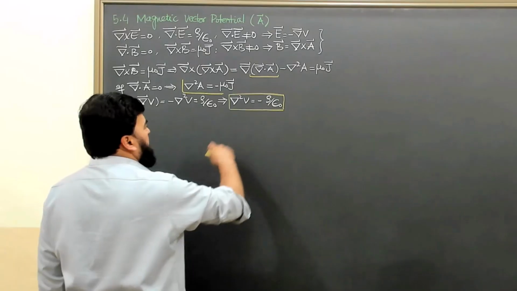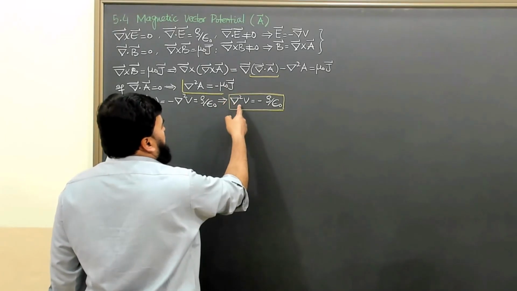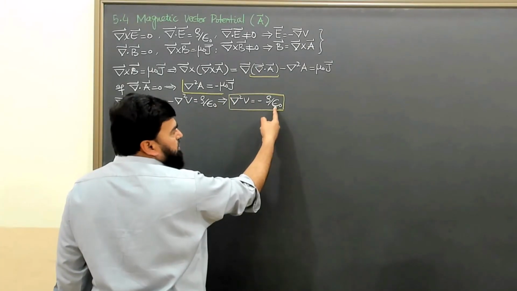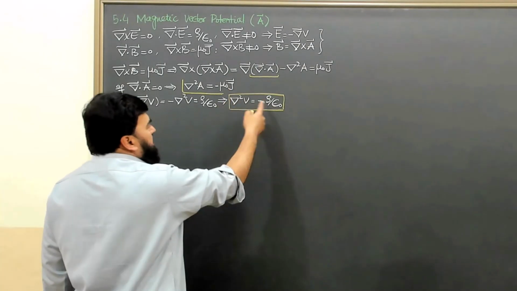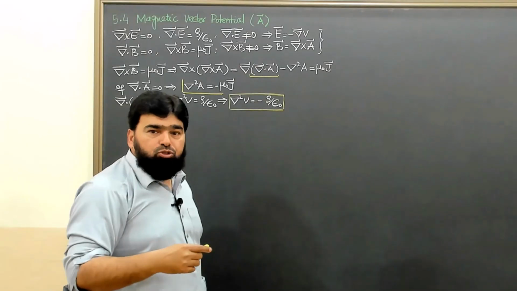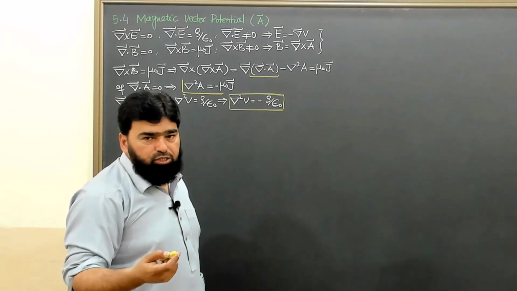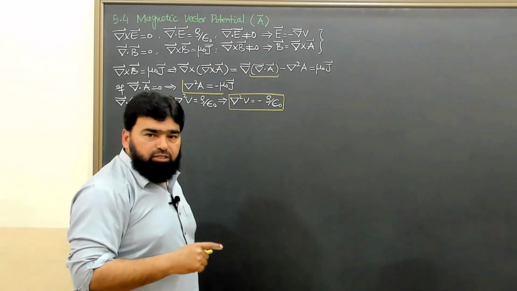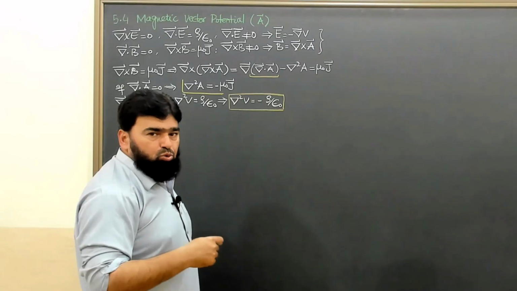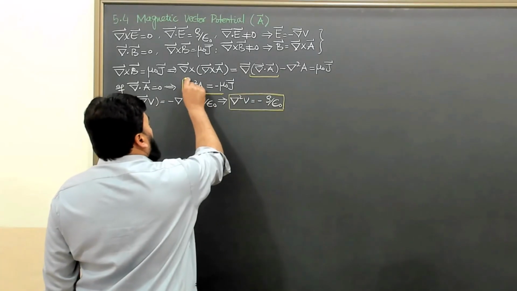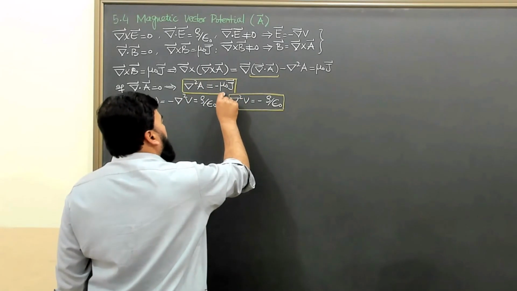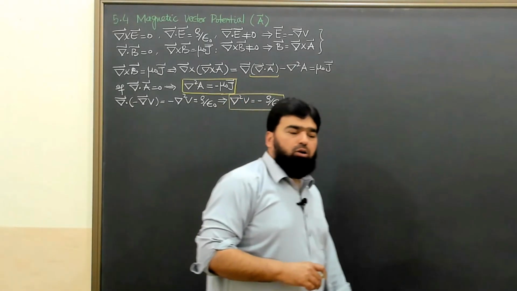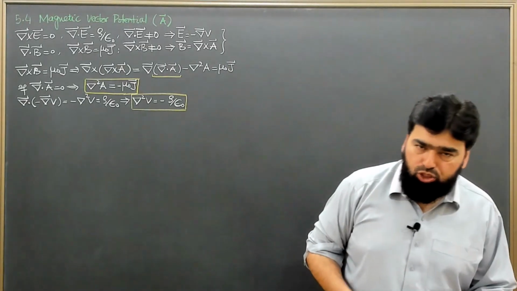So here this is minus, and then the proportionality, this is 1 over epsilon naught, and then here is the charge density, because in the electric case charge is the source, and in the magnetic case the electric current is the source. So here we have the analogous equation, the Poisson's equation of magnetostatics.